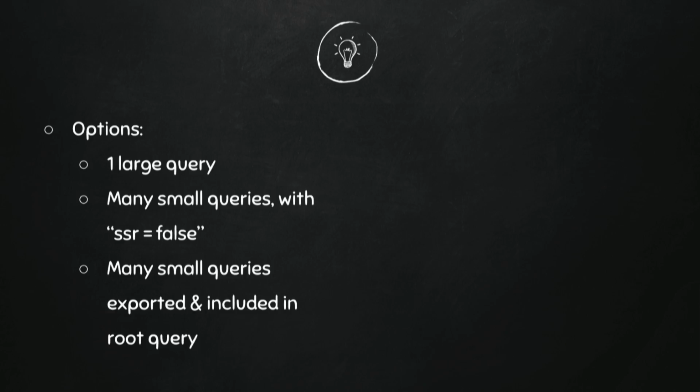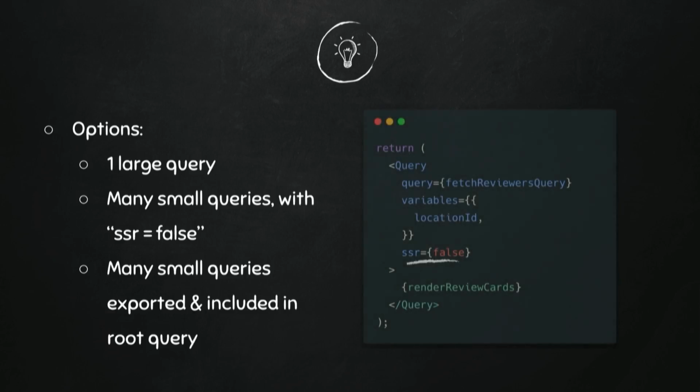But if you don't want to do that and you want to maintain the code structure that we initially set out to do, you can have the small queries there but set SSR to false, kind of similar to what Aditi was saying earlier. This basically turns off the execution of the queries on the server and waits to fire it on the client side so that your time to render is a lot quicker.